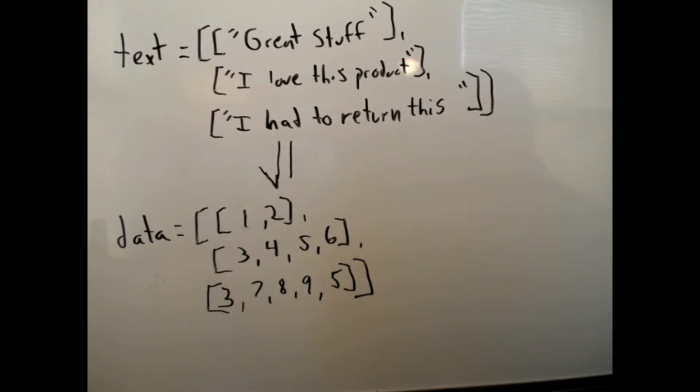We can see that great, stuff are unique words, so we assign them 1, 2, and then I love this product, 3, 4, 5, 6. But in the third one, we see that we have a couple words that we reuse, I and this. So 3 is reused, and also the 5 is reused. So we're going to do this to our entire list of sentences, and we're going to end up with these unique numbers here, and the amount that we have is going to be the size of our vocabulary.